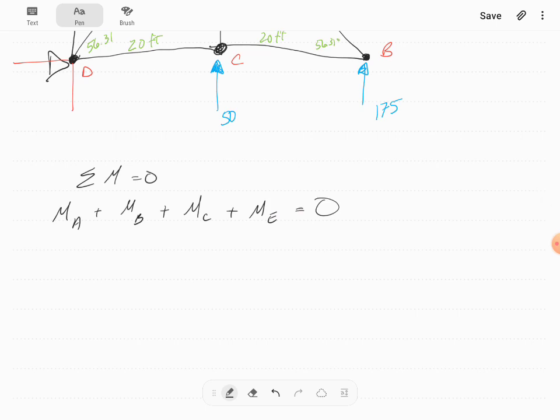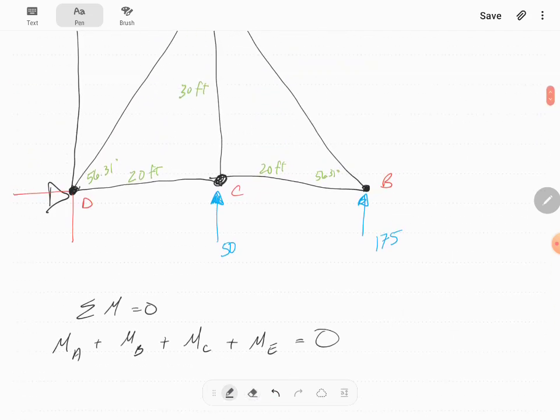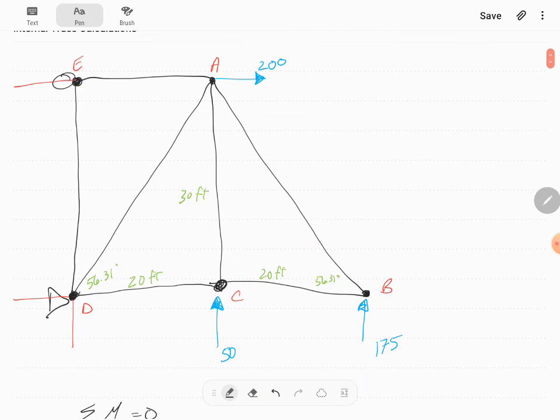So remember, in the moments world, everything is either clockwise or it's counterclockwise. So we've got to pay attention to rotational directions, not linear directions. So when we look at A, and if we go back to our little cheat sheet version of this, clockwise directions go like this, and counterclockwise directions go the opposite direction like this, where everything is in relation to the pivot point.